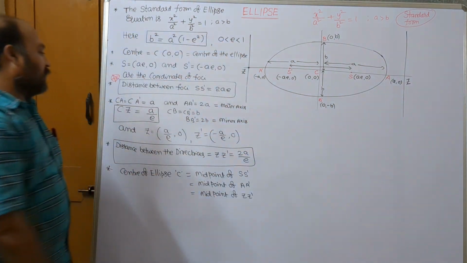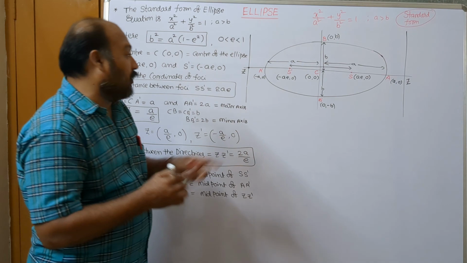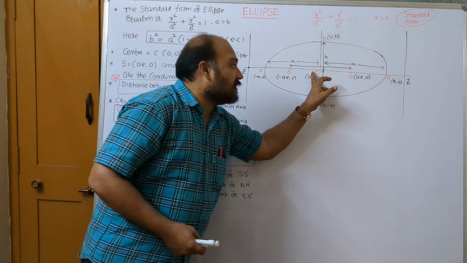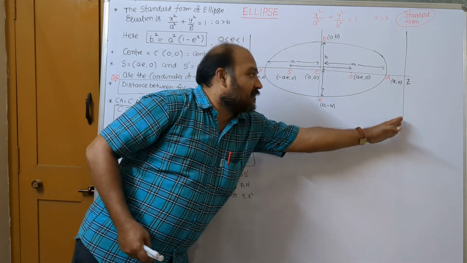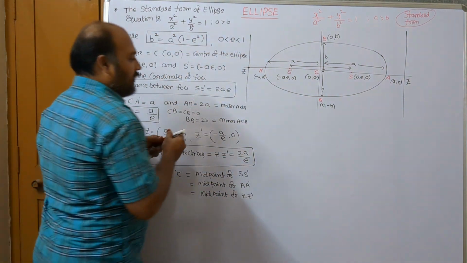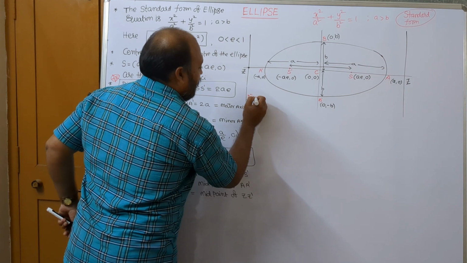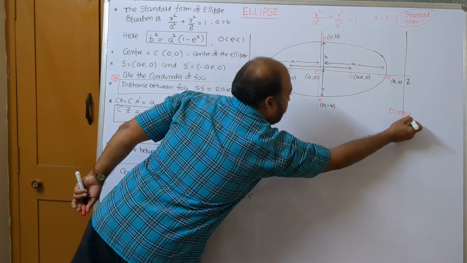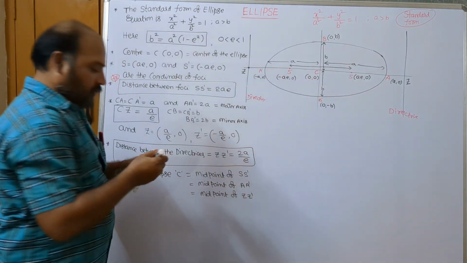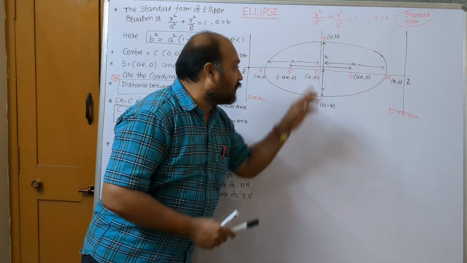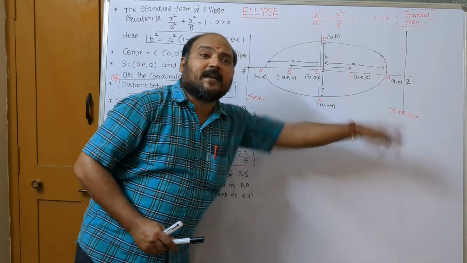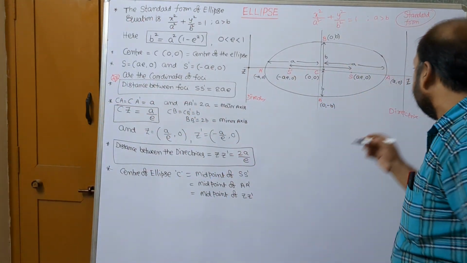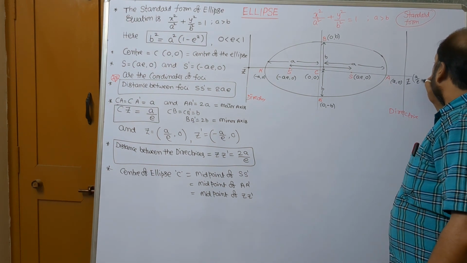Okay, dear students. Now, how to calculate the coordinates of Z. Even in the textbook it is clearly mentioned. CZ. These are the directrices. This one is a directrix, and this is another directrix. The distance from center to directrix CZ is a by e comma 0.